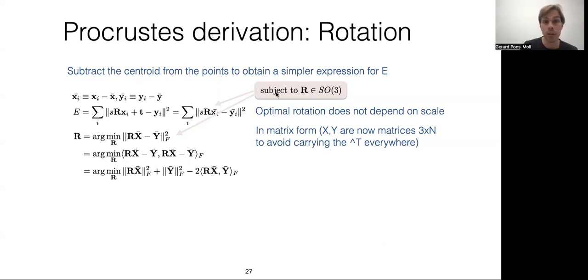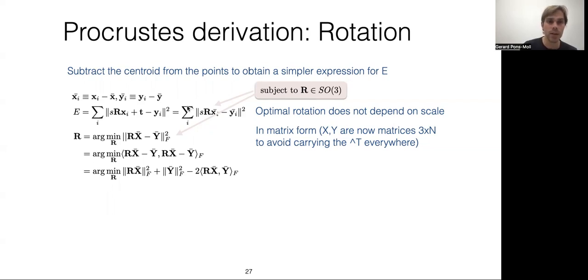Notice that the rotation is subject to the constraint that it has to belong to SO(3), right? It has to be a proper orthogonal matrix with determinant equal to 1. So the first thing to do in order to derive something easier is to turn this summation in the objective function into matrix form.